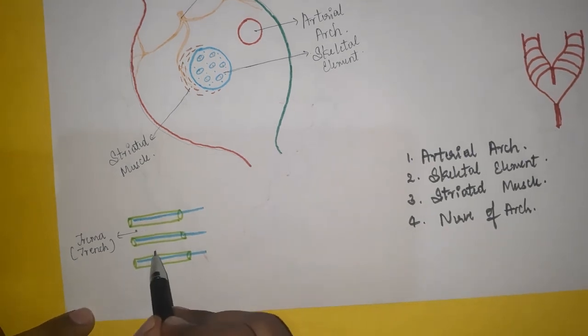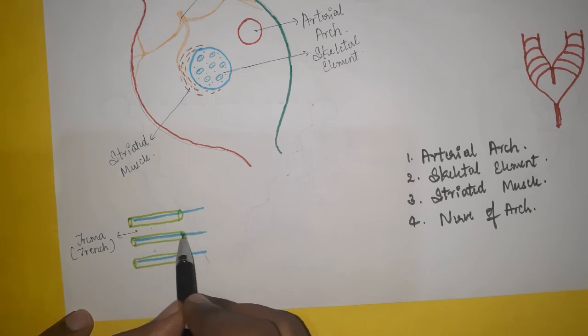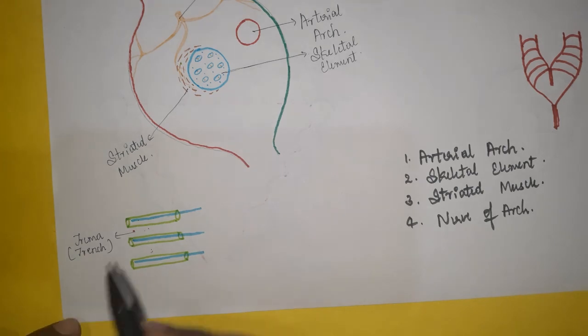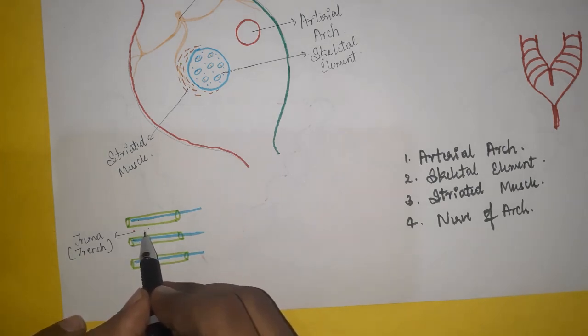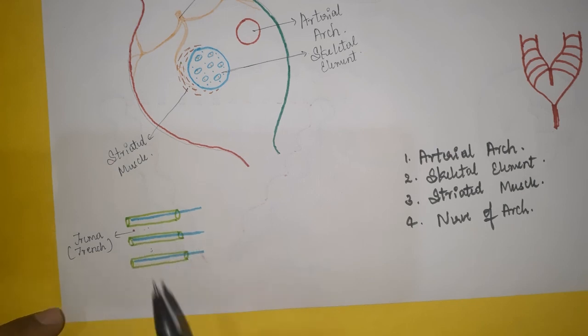Consider this arch. These are two trenches, this is one trench, this is another trench. This upper border is the post-trematic area. This is the trench. This area is after this trench, therefore this is the post-trematic area.